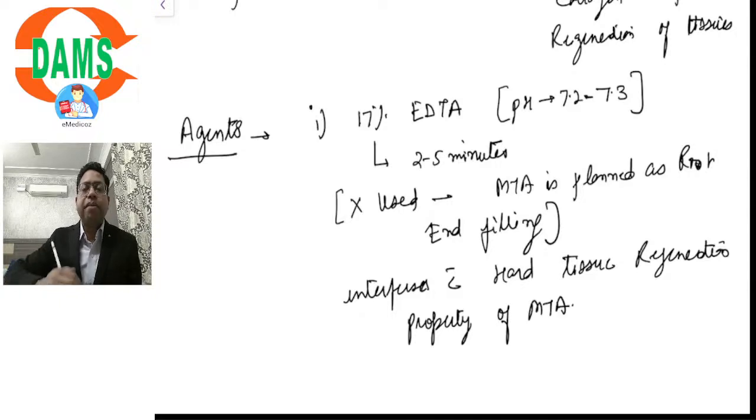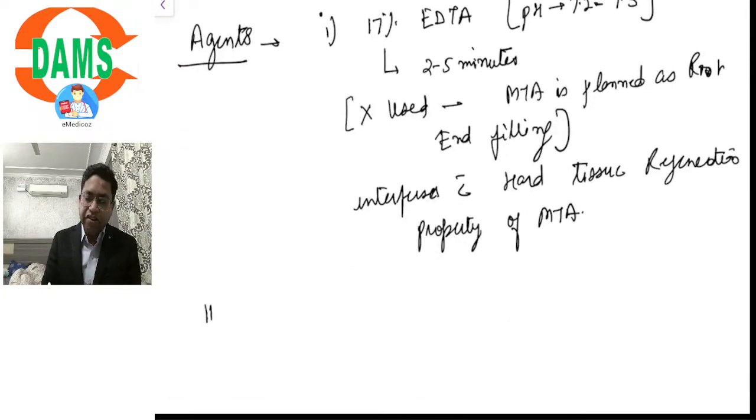We know that MTA has a unique property that it stimulates calcified tissue formation against itself that helps in periapical healing and regeneration. That property is interfered with when we are using EDTA as a root end conditioning agent. So the manufacturer does not recommend EDTA to be used with MTA.